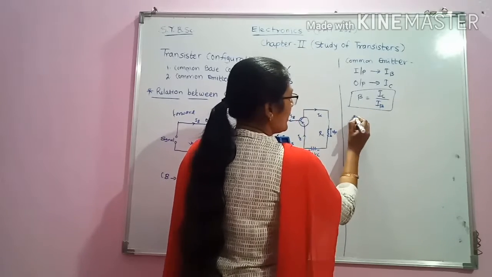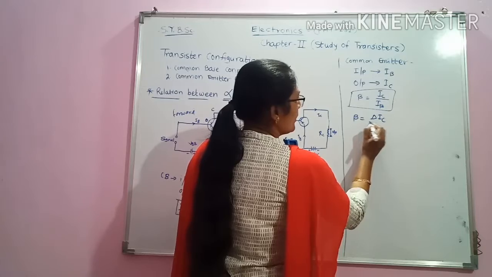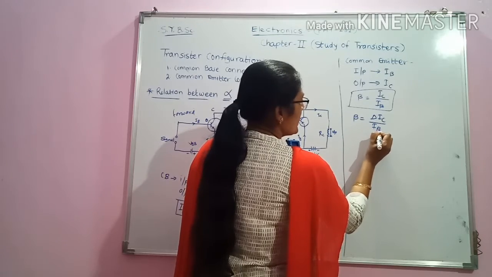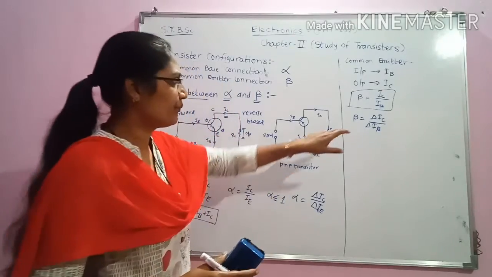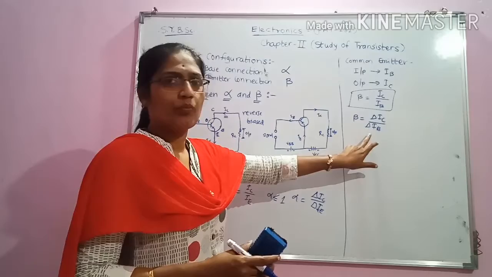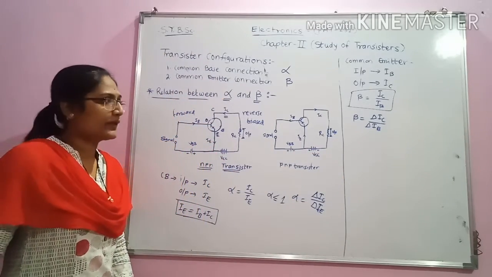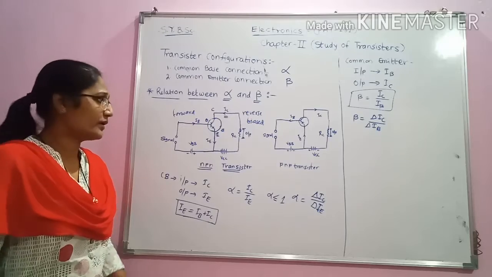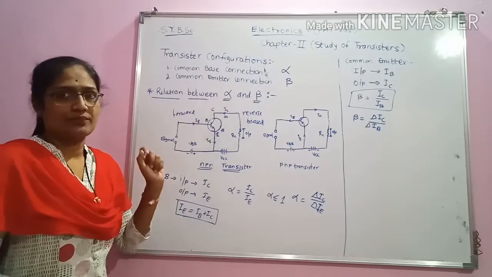And also in terms of change in collector current to the change in base current, beta is equal to delta IC upon delta IB.